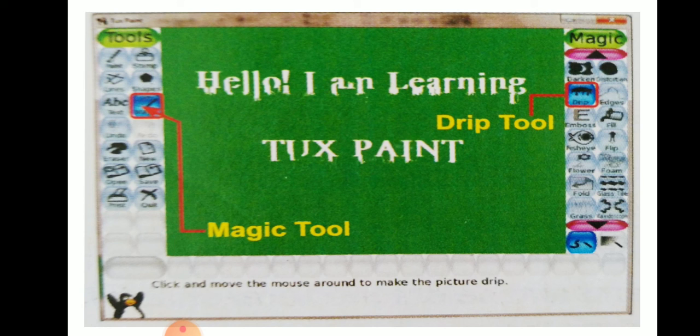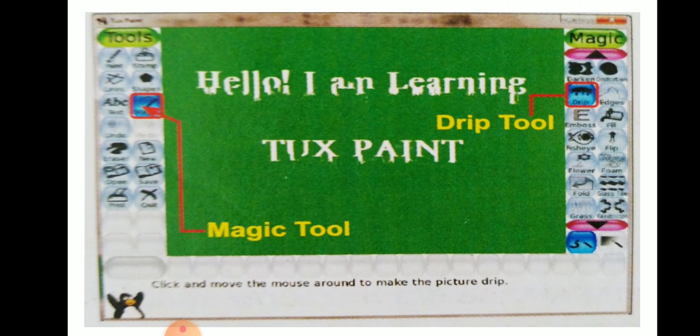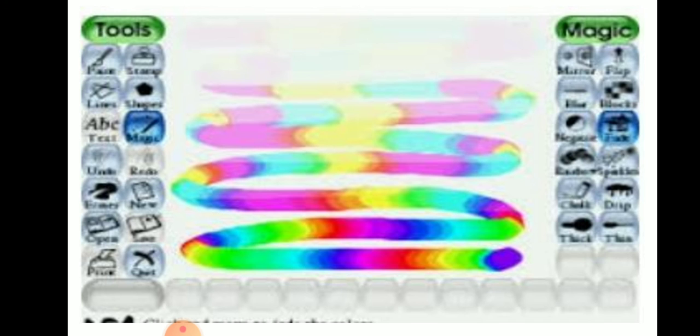Later we select the text tool and write some text like, hello, I am learning Tux Paint. Then we select the magic tool, choose the drip effect from the sub toolbox, and drag the magic wand over the text to add the dripping effect to it. Then we can check how the text changes into the drip effect.